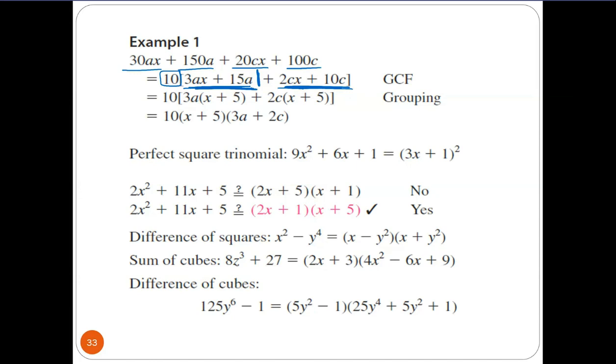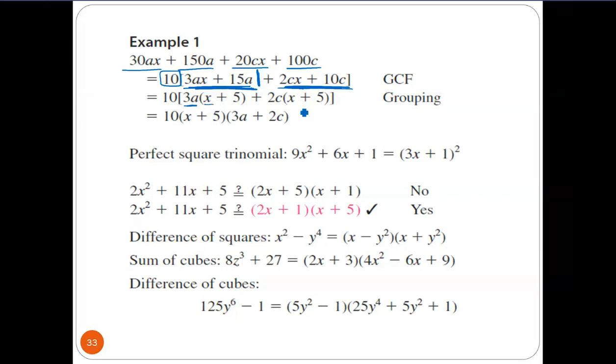From the first group, we can take the common factor. Yes, we have 3 and a. We cannot take x because in the second term we don't have x, so we can take 3a as common factor. Now 3a, we already took it as common factor.